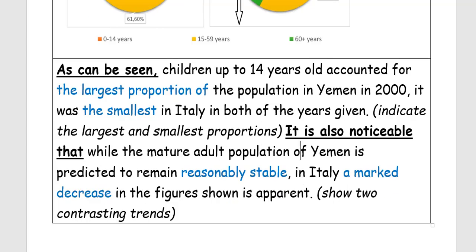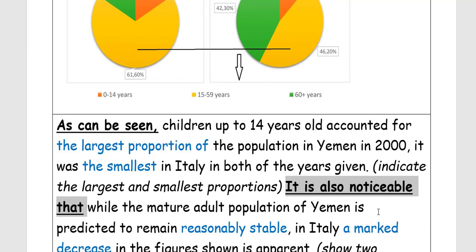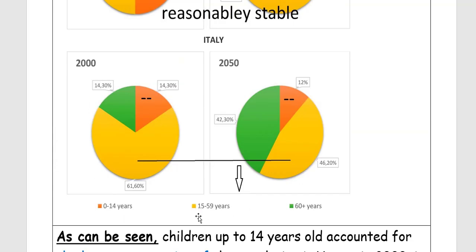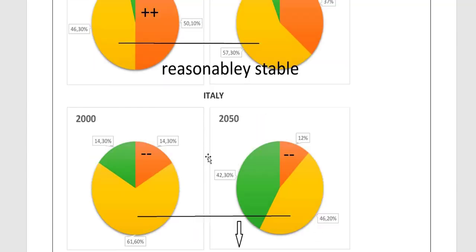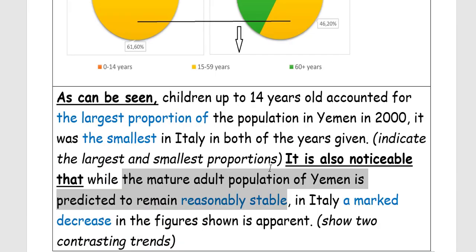Next. It's also noticeable that. The expression "it's also noticeable that" basically means we can also see that. While the mature adult population of Yemen is predicted to remain reasonably stable. So here we have this age category from 15 to 59, and we can see that they are likely to be reasonably stable, right? Because 46, 57, kind of like the same.